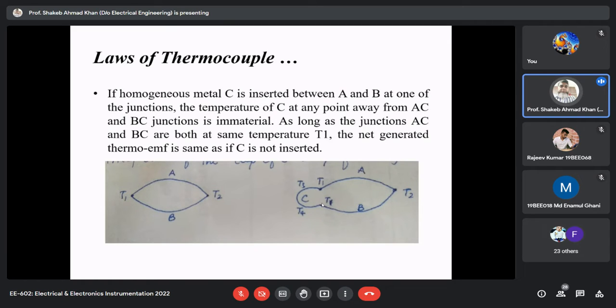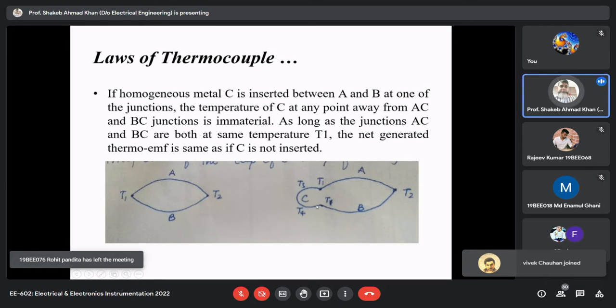Now please let me know if you understood it or not. Obviously these new junctions are maintained at the same temperature as your original junction, so your junction temperature difference remains the same, so the output will remain the same, and this insertion won't affect it. Another thing is that even if the inserted metal, away from the junction, is at some other temperature, that is also not going to affect your output.